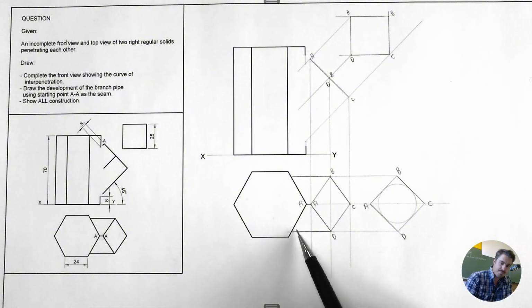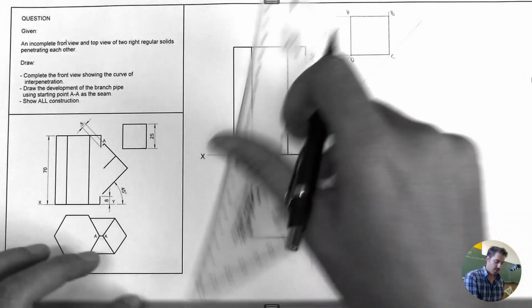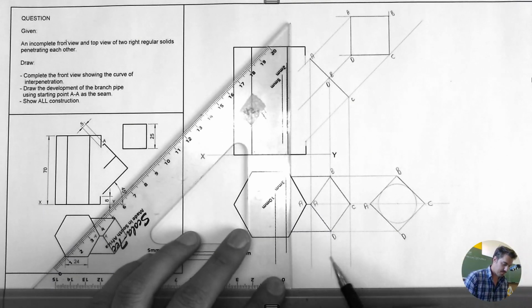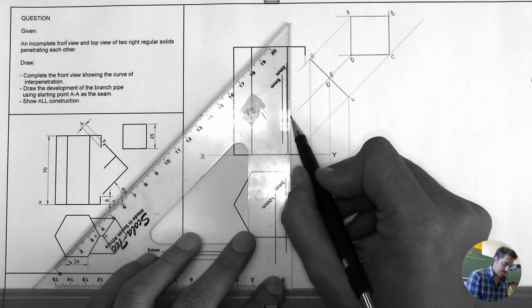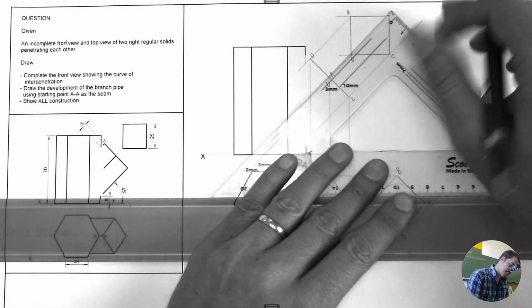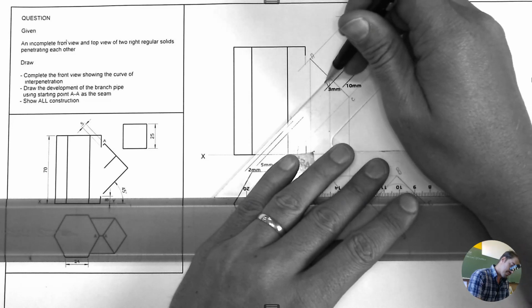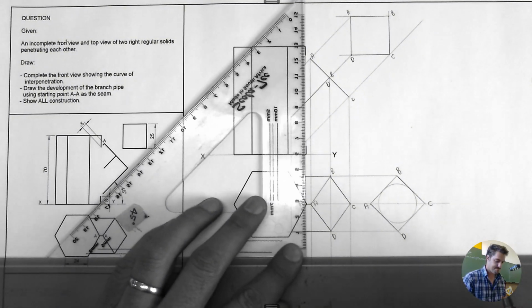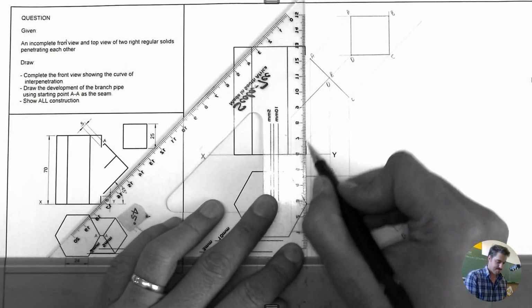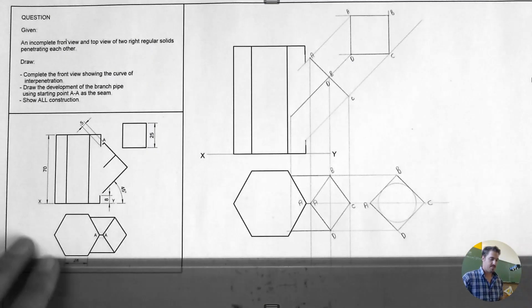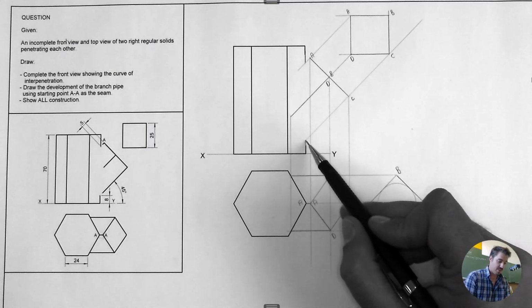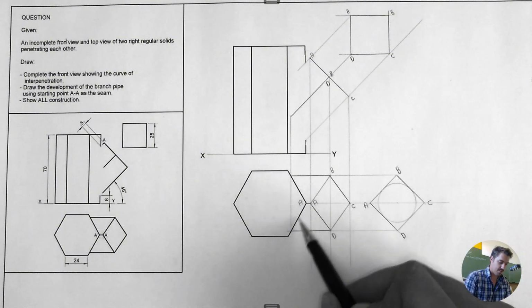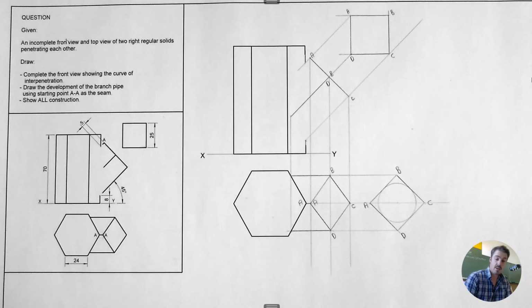So point D connects there on the main pipe, and now it goes straight up onto point D. Alright, point A and C is going to be exactly on this turning point, or the sharp point of the prism, the hexagonal prism.